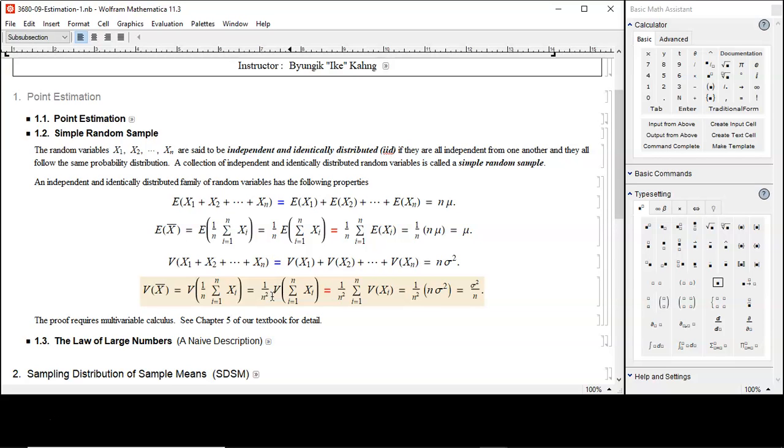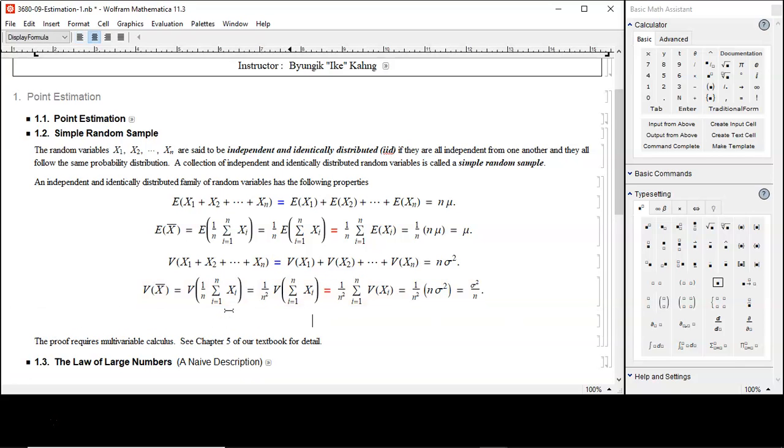Deviation squared, x1 minus mu squared, x2 minus mu squared, and so on and so forth. We have all the squares, and that's why we have 1 over n squared there. Now, the variance of the sum is the sum of the variances, and these are all the same. So in the end, we have n times sigma squared divided by n squared, so we have sigma squared over n.